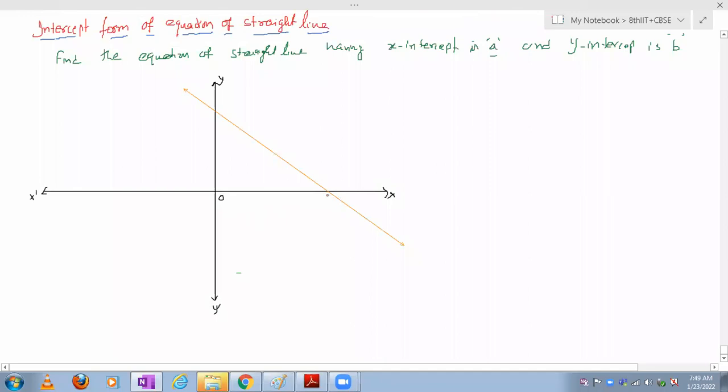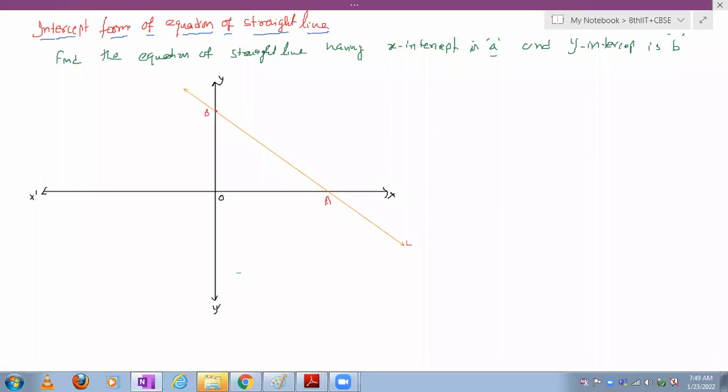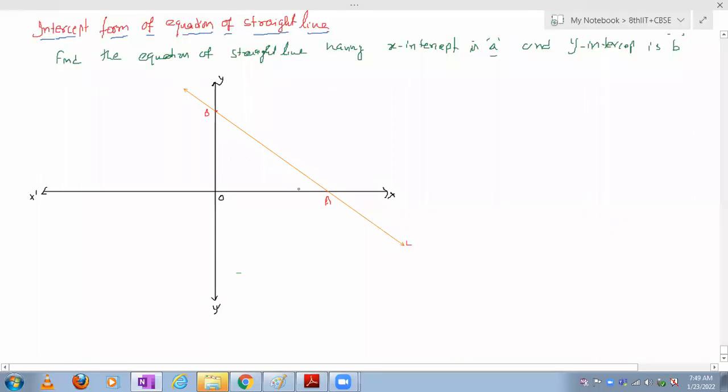Now see, this is the line L, this straight line. It is intersecting the x-axis at a point. From here to here, where it is intersecting the x-axis, that is called x-intercept, that is a. From here to here, where it is intersecting the y-axis, that is called b.